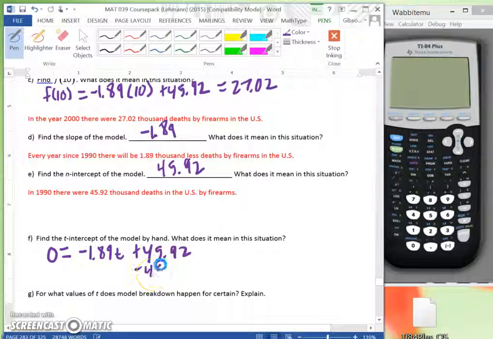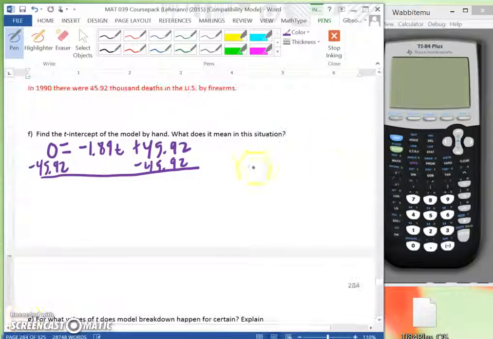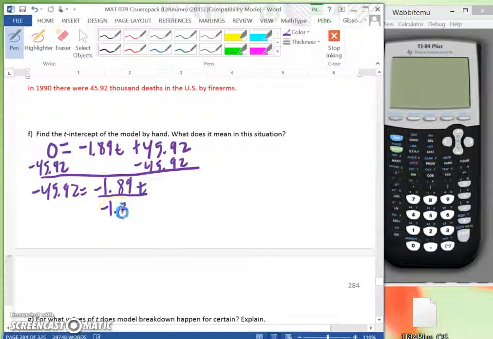So we would subtract 45.92 on both sides, and here we would get negative 45.92 is equal to negative 1.89t. We divide each side by negative 1.89.